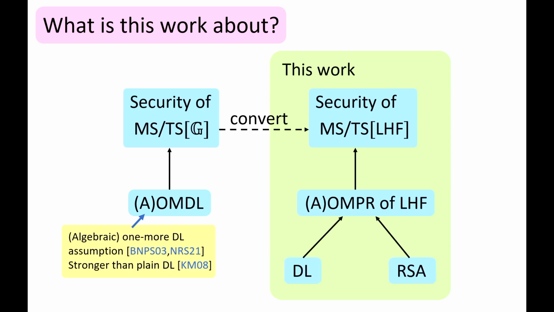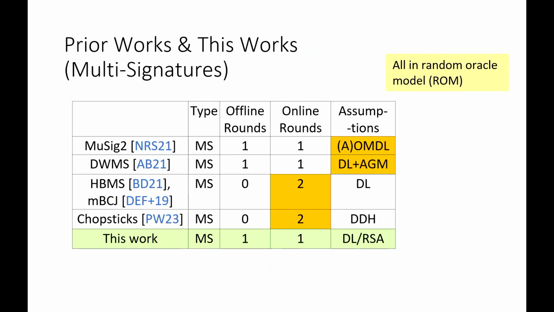And then finally, we show that such a linear hash function can be instantiated from either the plain D-log or the RSA assumption. As a result, we give new constructions for multi-signatures and threshold signatures that possess the same properties as the original schemes, but are based only on D-log and RSA, which solves several open problems in the area. And we'll next give a detailed comparison between our work and the prior research.